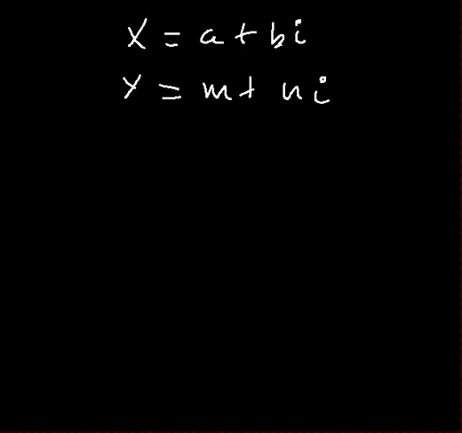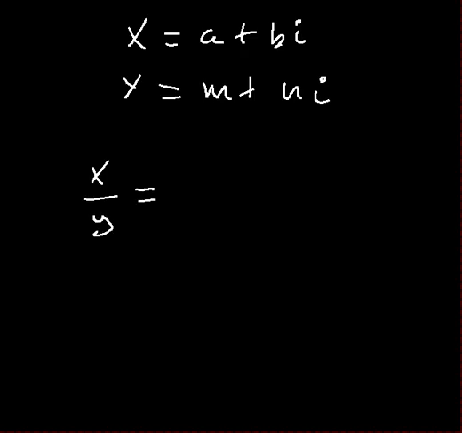Let's say we have two complex numbers, x, which is given as a plus bi, and the complex number y, which is given as m plus ni. The division of the two complex numbers is also said to be the quotient, that is x over y.